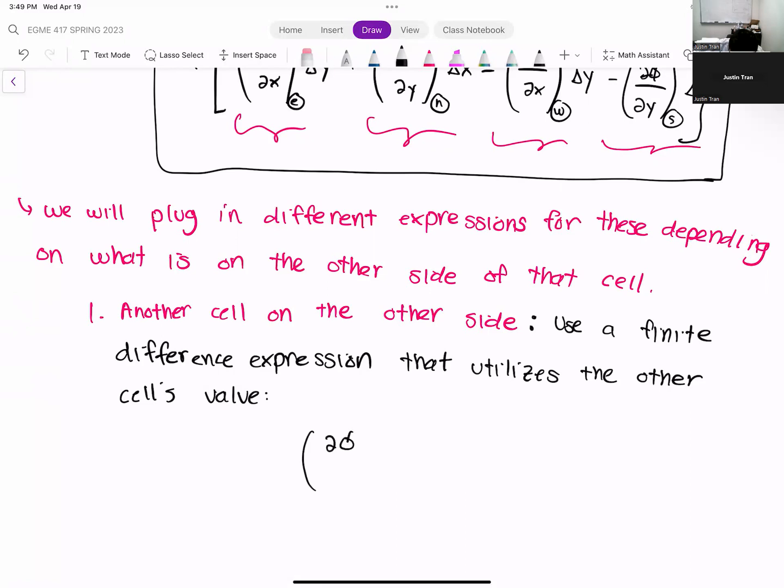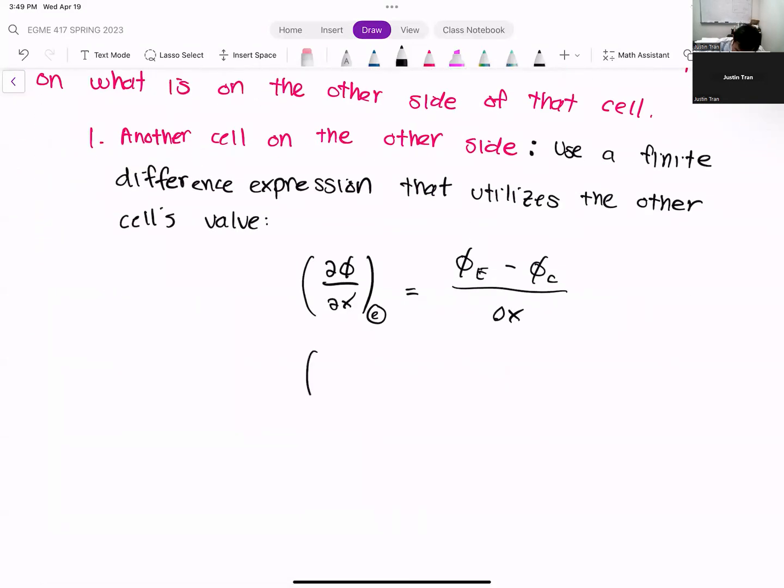For instance, partial phi partial x on the east face is equal to phi sub big E minus phi sub c, divided by delta x. Let's do one more example. On the south face, partial phi partial y is equal to phi sub c minus phi sub s, all divided by delta y. So if there's another cell on the other side of that face, you just use that cell center value in your expression.